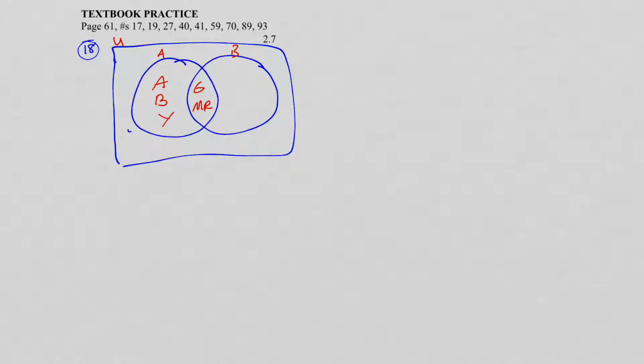And then what's in set B but not in set A, that goes in region 3. So that's Death Valley, Mammoth Cave, and Zion. Now, what national parks did we not mention at all in A or B? That would be North Cascades and Shenandoah. Okay? So that's basically the Venn diagram for number 18.